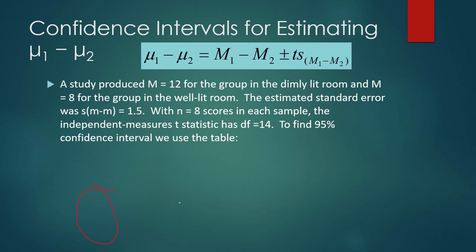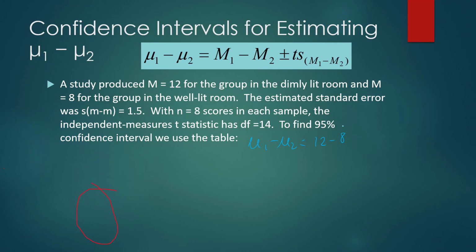Now let's go ahead and use this formula. We're solving for our unknown means. When we did the sample previously, we did 8 minus 12 to give us a negative 4.